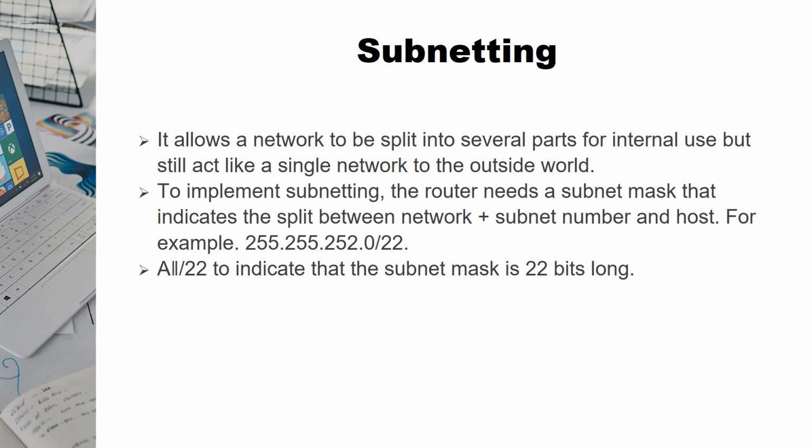To implement subnetting, the router needs a subnet mask that indicates the split between network plus subnet number and host. For example, 255.255.252.0/22, where the /22 indicates that the subnet mask is 22 bits.